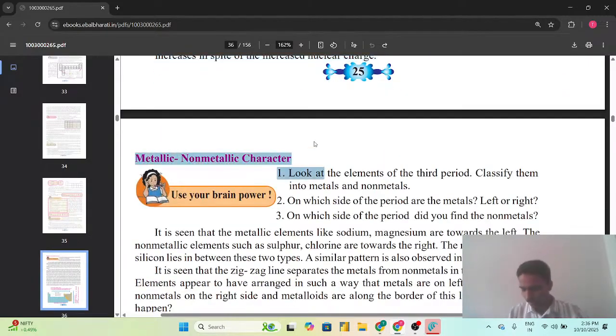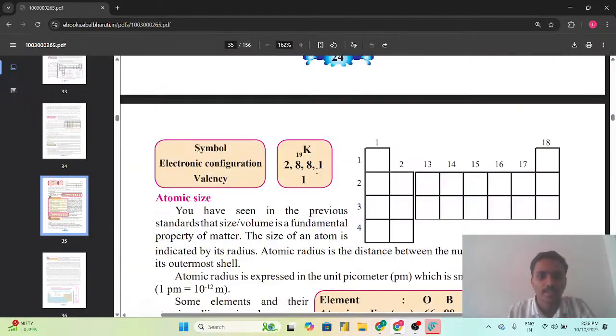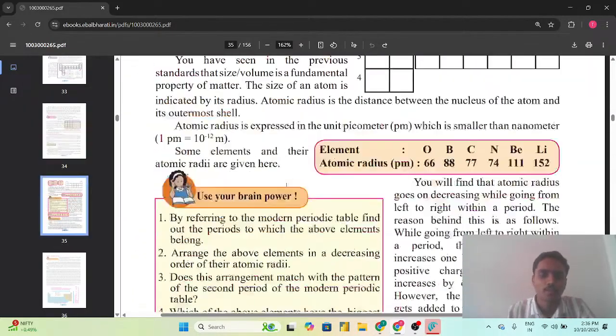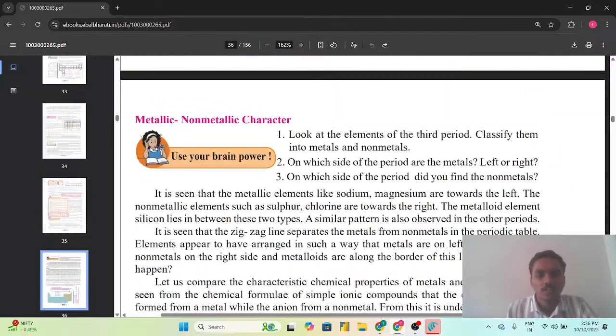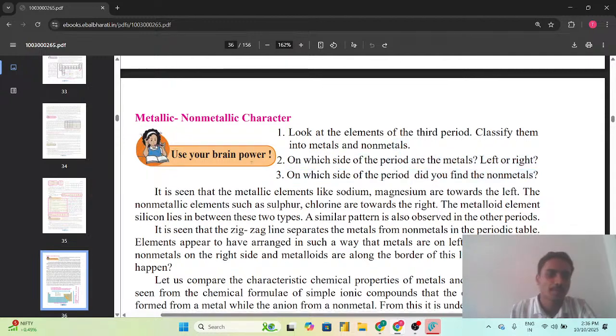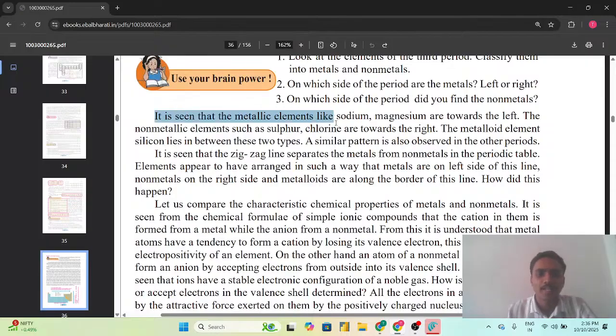So metallic and non-metallic character is the next trend of the periodic table which we are going to see. Look at the elements of the third period, classify them into metals and non-metals. On which side of the period are the metals, left or right? On which side of the period did you find the non-metals? It is seen that metallic elements like sodium and magnesium are towards the left.